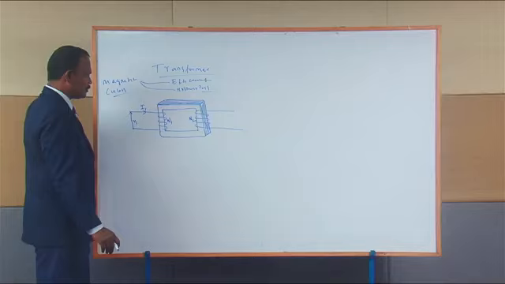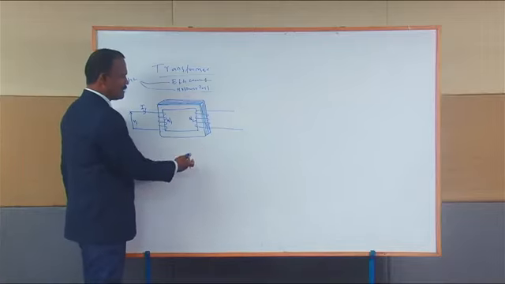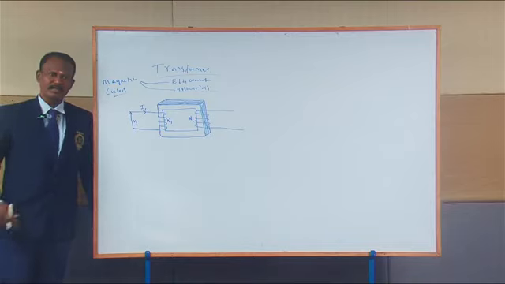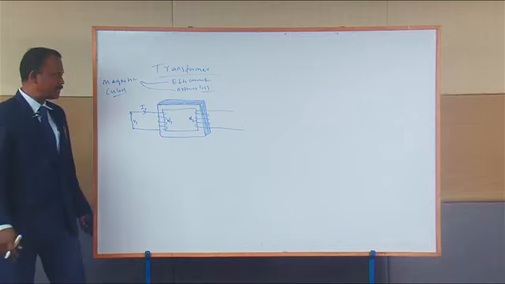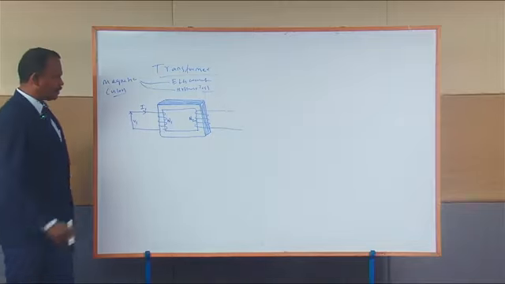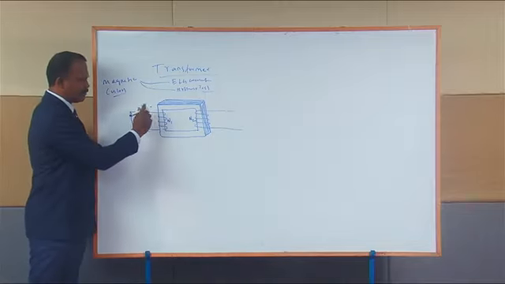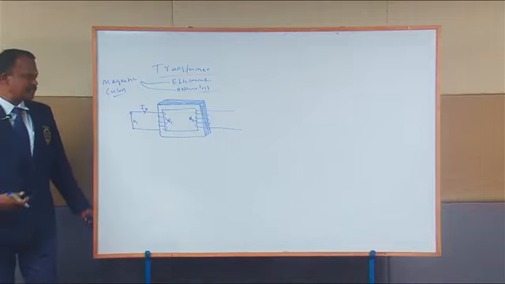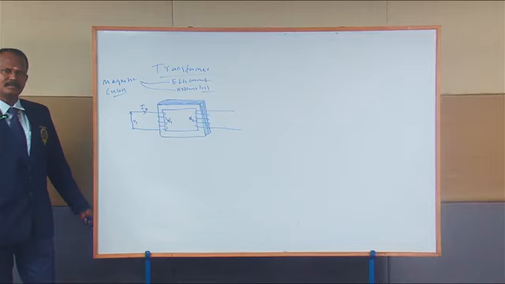Since in this case I am not connecting any load to the secondary side of the transformer, I can also represent this current I1 as I0. I0 is nothing but the primary current under no load conditions. That is why I represent I1 as I0.